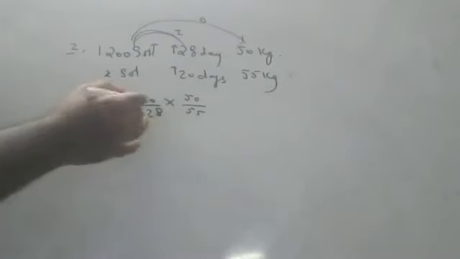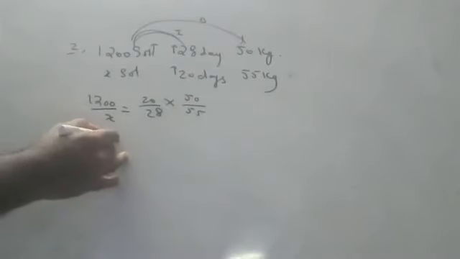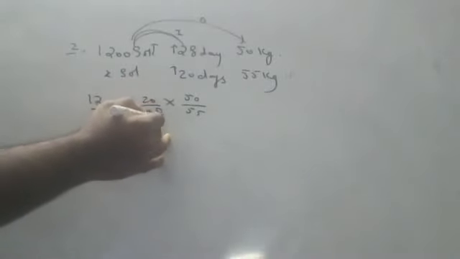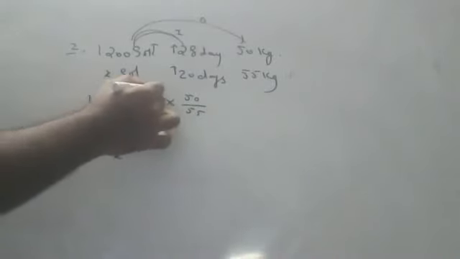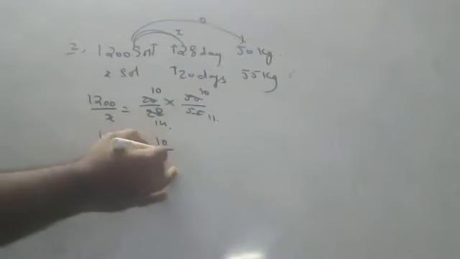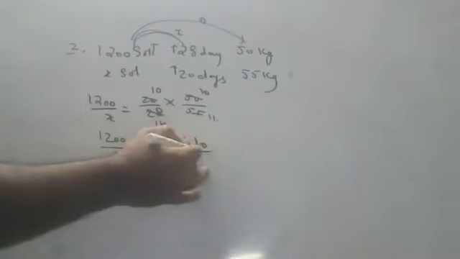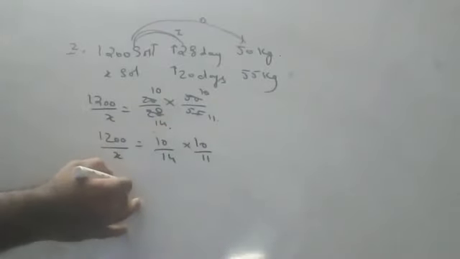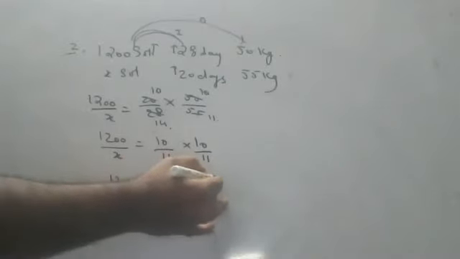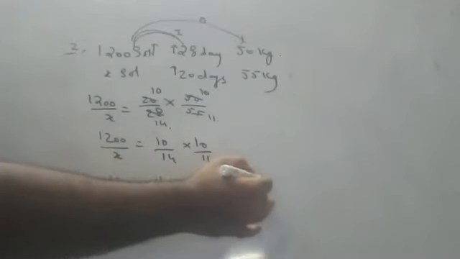Please listen, children. So 1200 by x is equal to 20 by 28 into 50 by 55, which simplifies to 10 by 14 into 10 by 11. Cross multiplication: 1200 into 14 into 11 is equal to 10 into 10 into x.